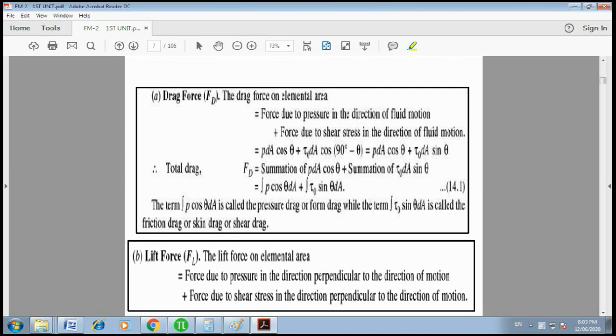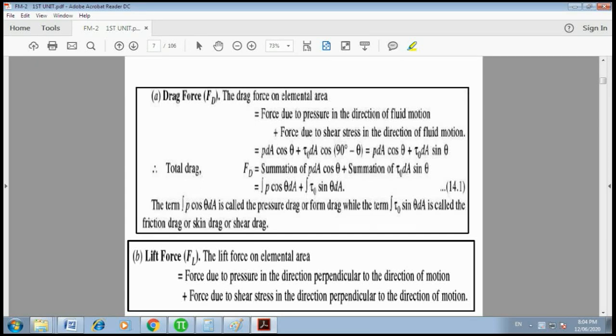Then total drag FD is equal to summation of P dA cos theta plus summation of tau 0 dA sin theta. The term summation of P cos theta dA is called pressure drag, or form drag.